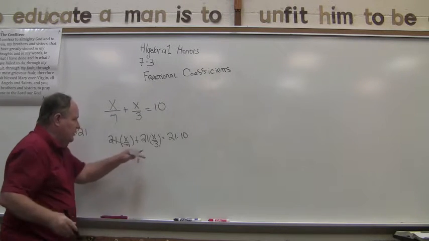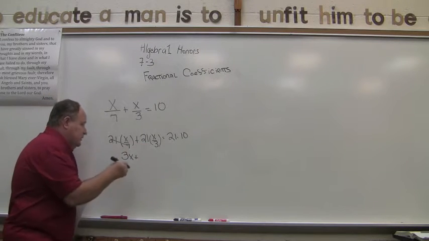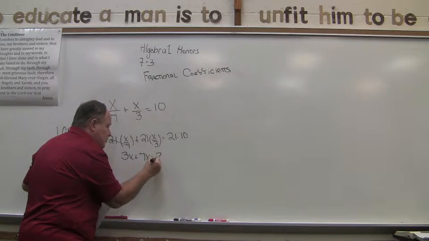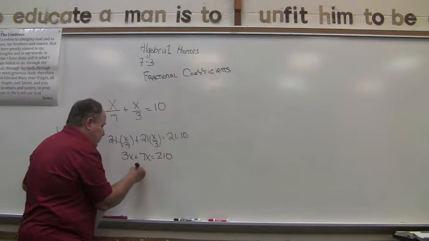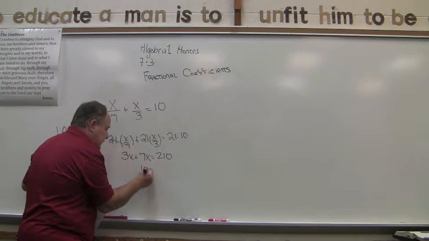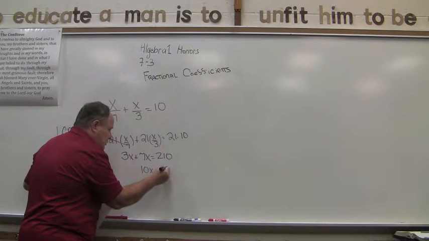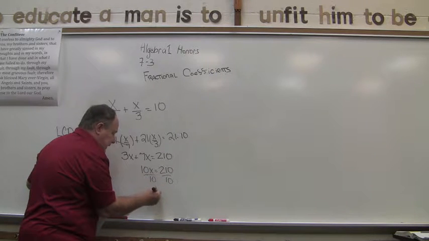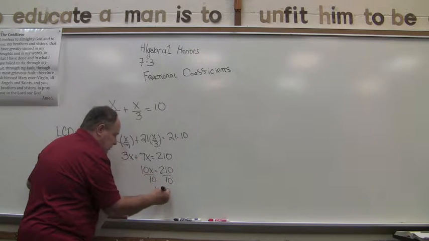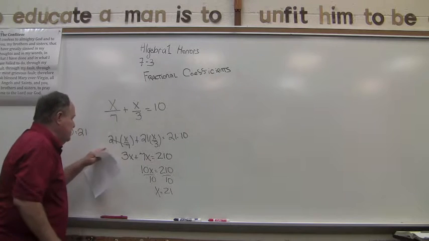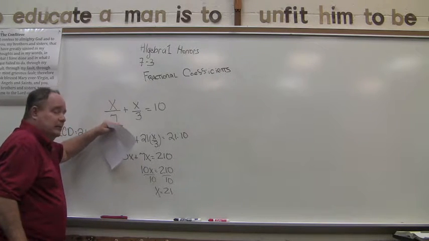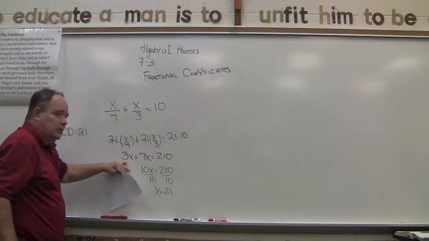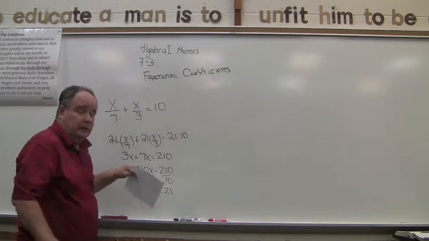The same thing here: 3 goes into 21 7 times, so it becomes 7x. And 21 times 10 is 210. When we add these like terms, we get 10x equals 210. We divide by 10, and we get x equals 21. By using the least common denominator, we get rid of the fractions and just deal with a regular equation, which looks more familiar to us.